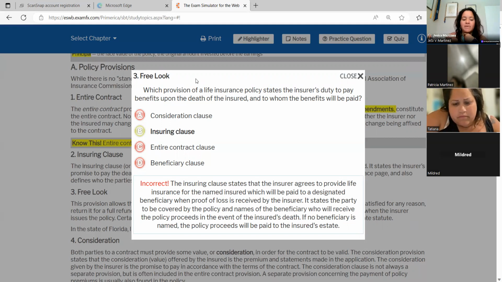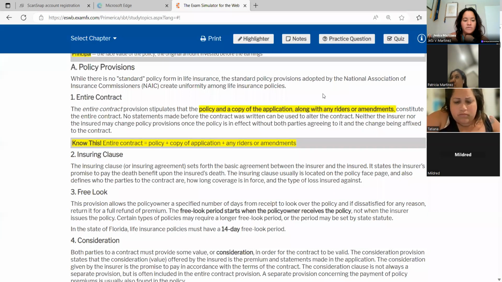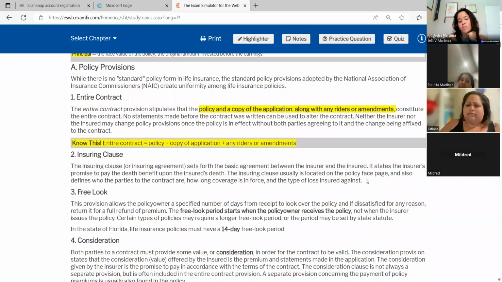It states the party to be covered by the policy and the name of the beneficiary who will receive the proceeds. Between the insurer and the insured, it states the insurer promises to pay the death benefit upon the insured's death. The insurance clause usually is located on the policy face page and also defines who the parties to the contract are, how long coverage is enforced, and the type of loss insured against.